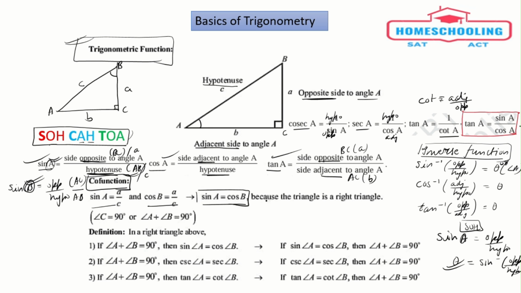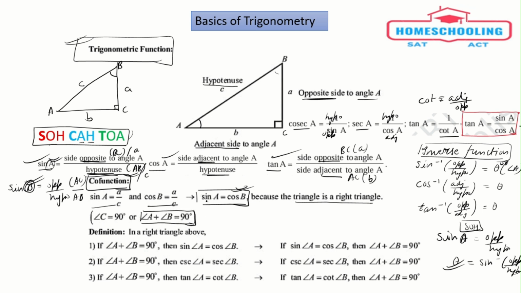So if sine A is equal to cos B, then they are called co-functions, because the triangle is a right triangle, and if a triangle is a right triangle, then the sum of the other two angles would be equal to how much? 90 degrees.